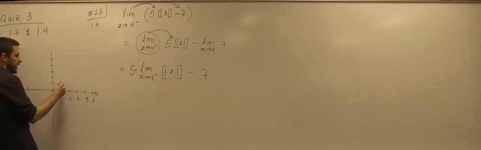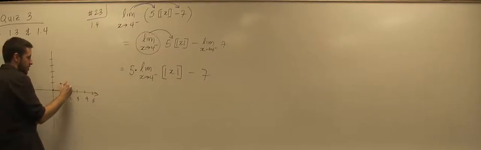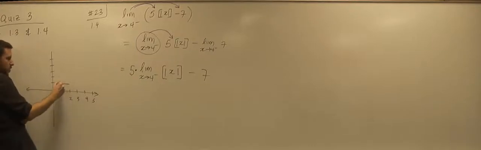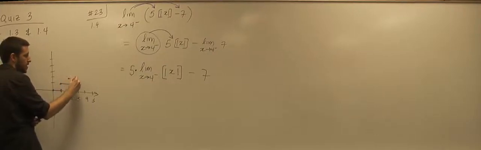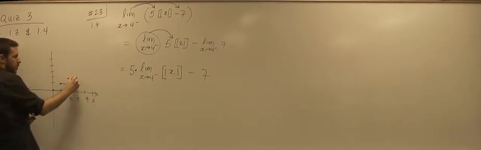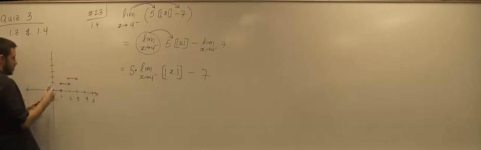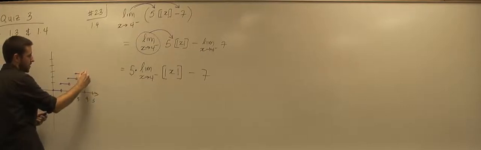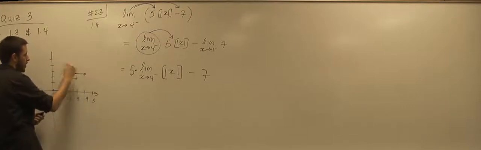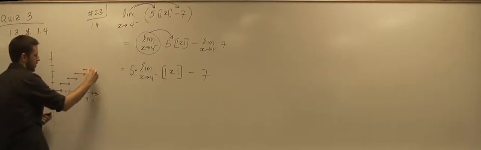But then as you get bigger, like 1.1, 1.2, 1.3, it pushes back down to 1. So this is all at 1. But then once you get to 2, it jumps up to 2. But then 2.1, 2.2, 2.3, it pushes it all down to 2. Once you get to 3, you jump up to 3. But then 3.1, 3.2 pushes it down to 3. Once you get to 4, you jump up to 4, etc.